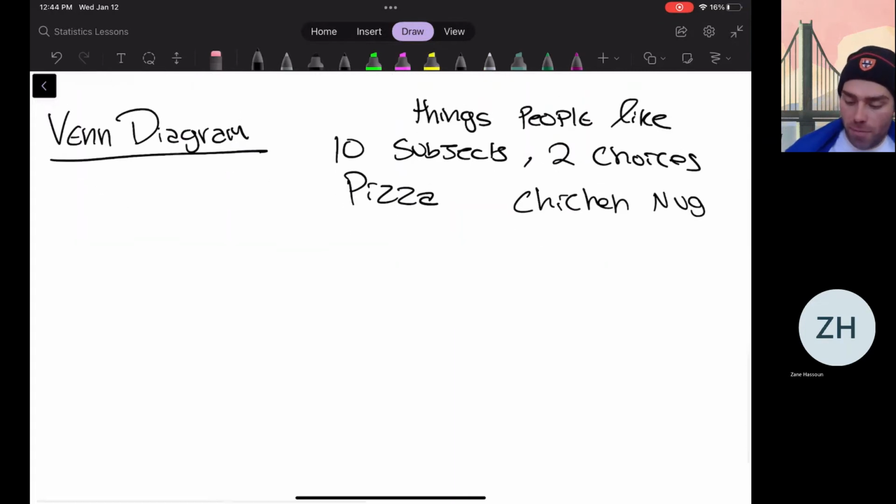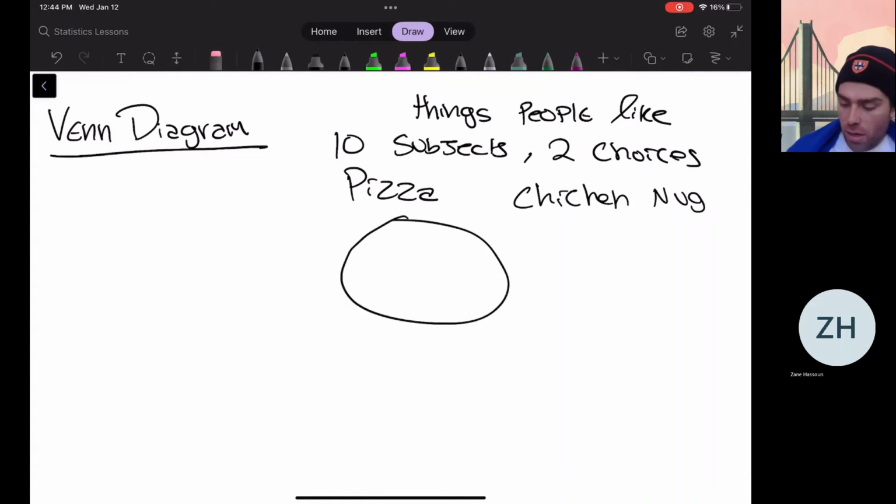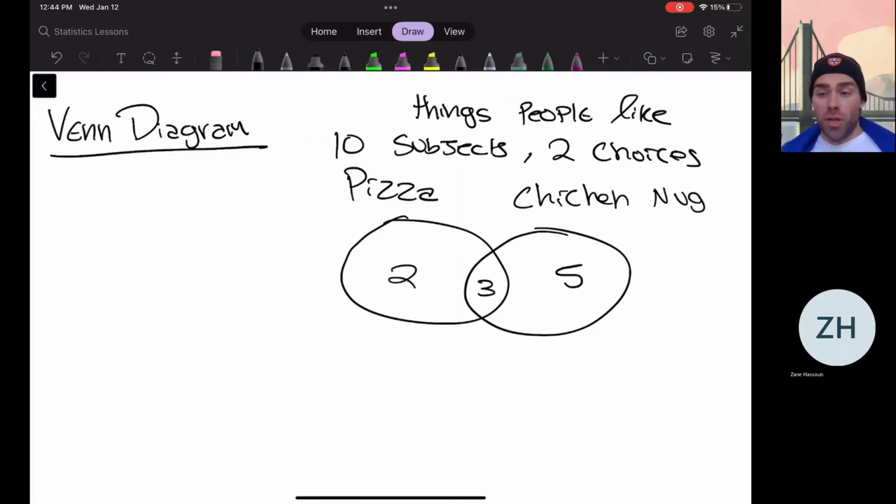And we'd say, pizza is here, chicken nuggets are here, and we have 5 people, 3 people, and 2 people. So that's how you would generally think of a Venn diagram, and we could use this in statistics to help us as well.